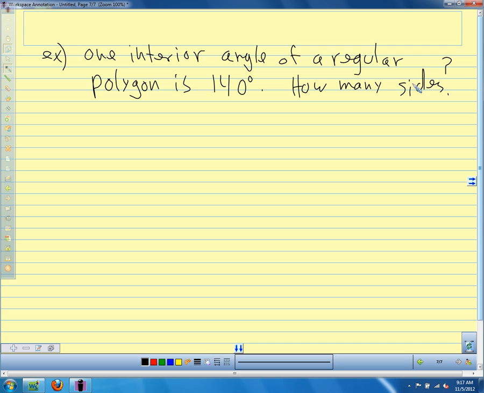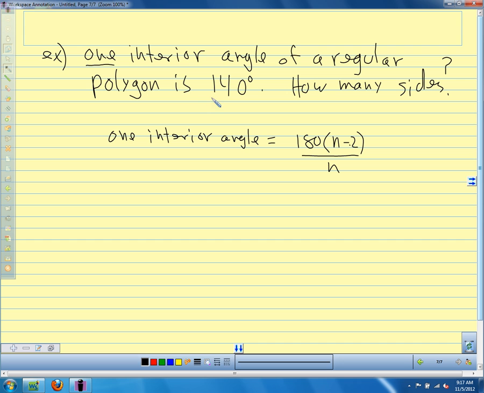So this is kind of like the last problem we did, but worked in reverse. We know one interior angle is 140 degrees. Well, our formula: one interior angle is 180 times n minus 2, divided by n.